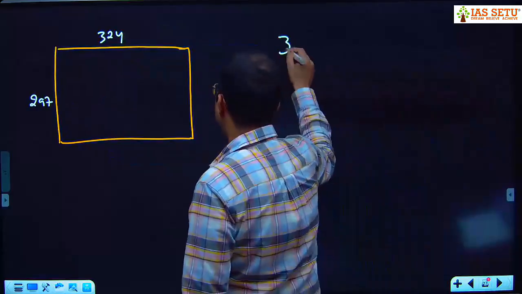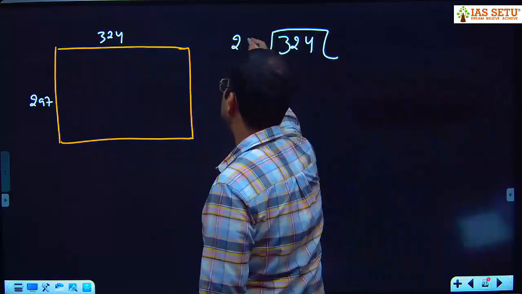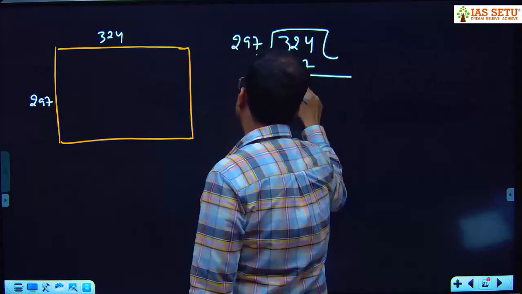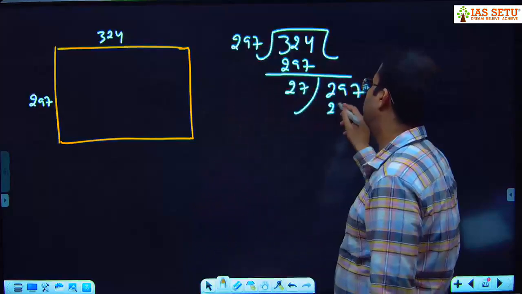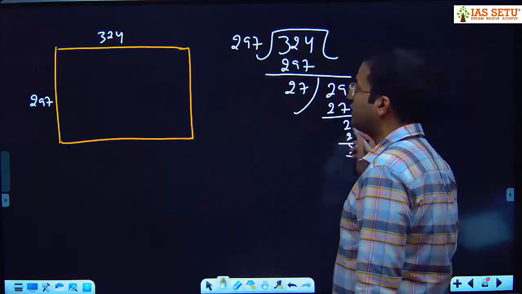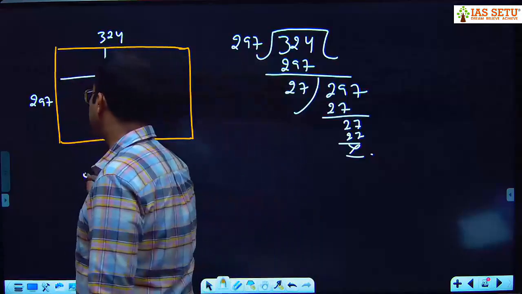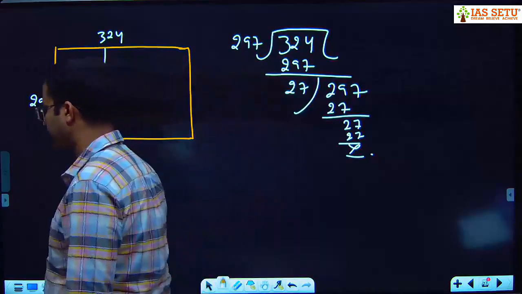We use the division method, divide larger number by smaller. So it is 27. So the size of the tile here is 27 centimeter by 27 centimeter.